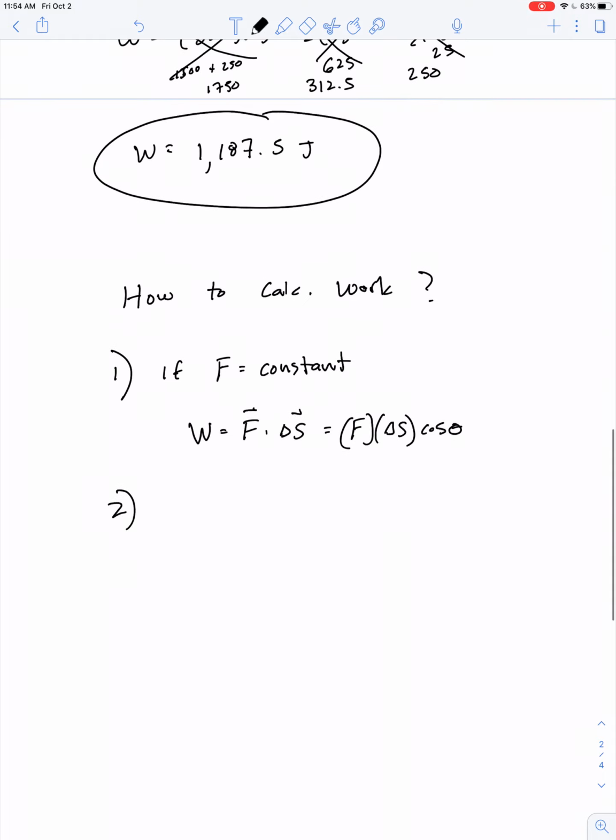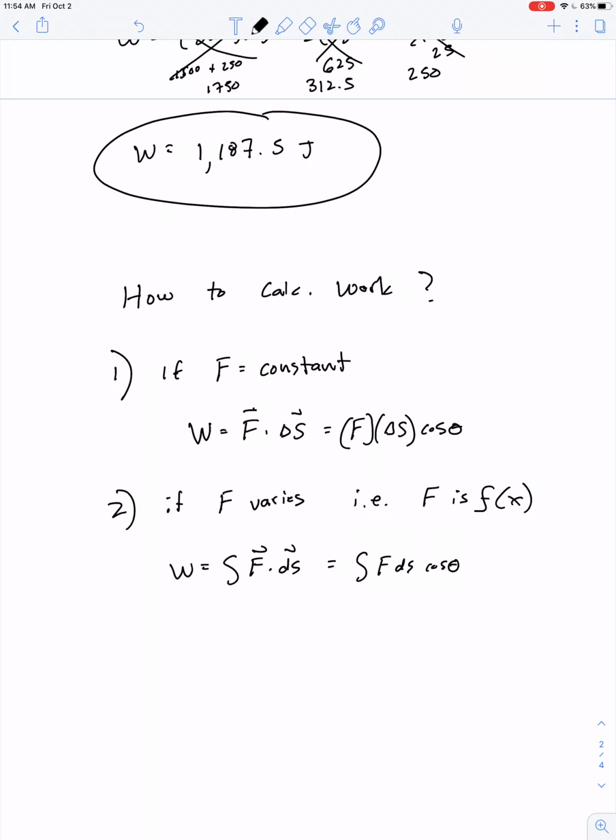In case 2, if force varies, in other words, force is a function of position, then work is equal to the integral of F dot ds, which is the integral of F ds cosine theta.